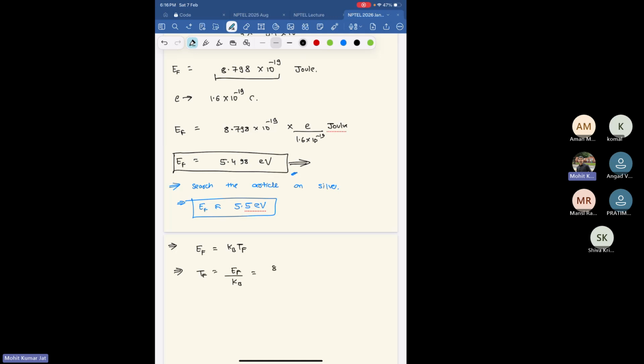Your EF is nothing but 8.798 into 10 power minus 19, and kB is 1.38 into 10 power minus 23. This one has the dimension of joule and kB has the dimension of joule per Kelvin. This gives you TF roughly around 6.4 into 10 power 4 Kelvin.